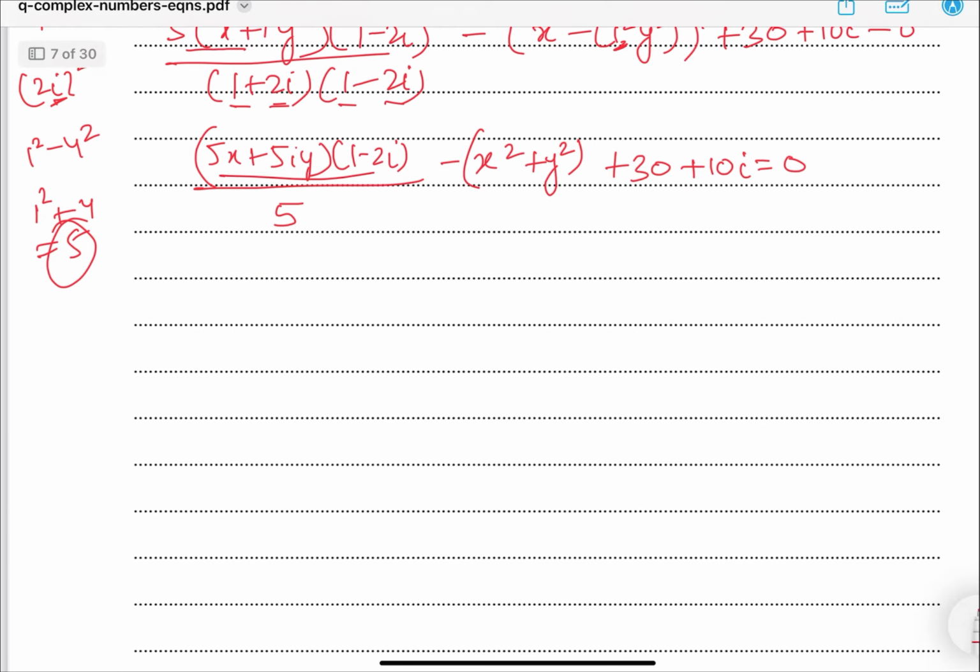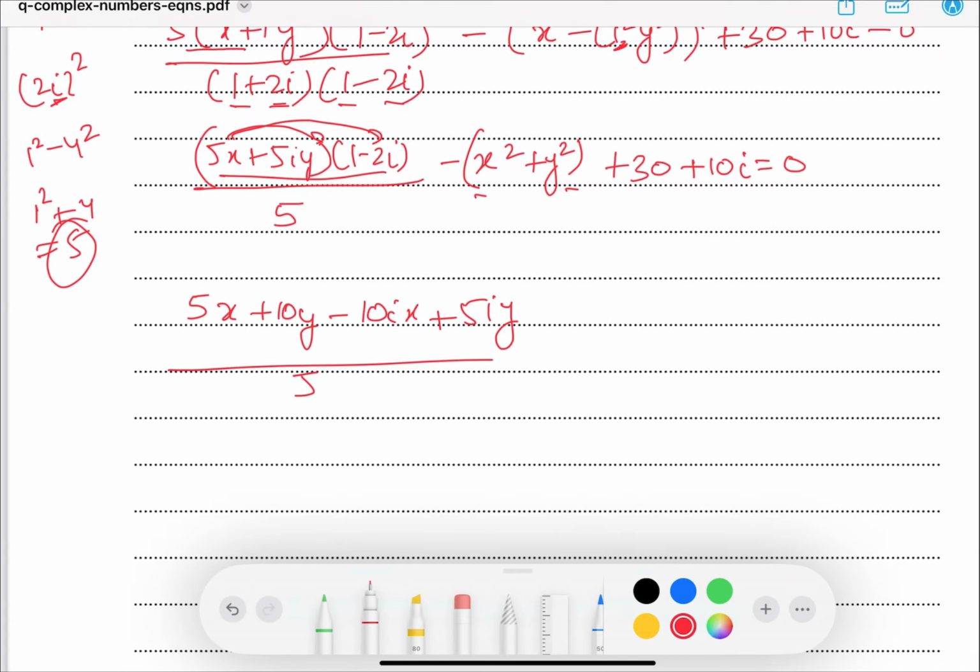Now, multiply these two, open the brackets, and the equation will become like this. Look very closely. (5x plus 10y minus 10ix plus 5iy) upon 5. What I have done over here, I have multiplied this by both, and I have multiplied this also by both.